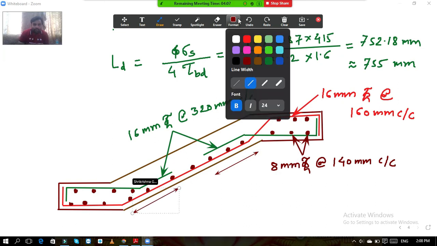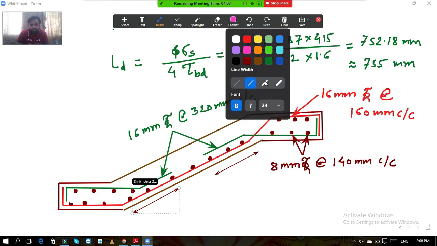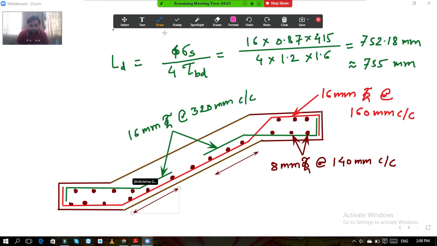This length works out to be, Ld, we have calculated this length, and this length is 755 mm.